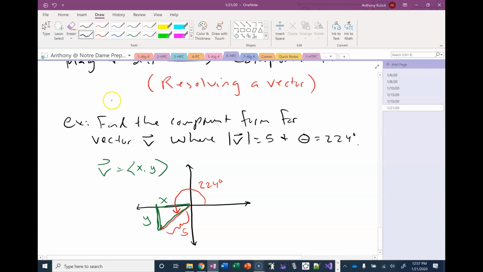Okay. So that's just going to be the magnitude of v times cosine theta and the magnitude of v times sine theta.